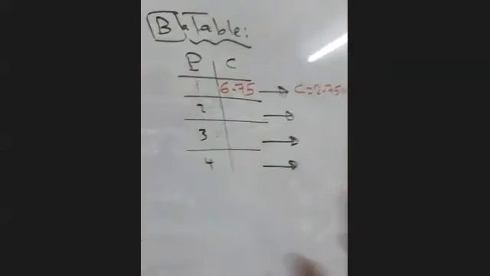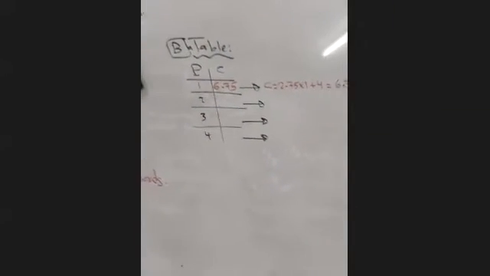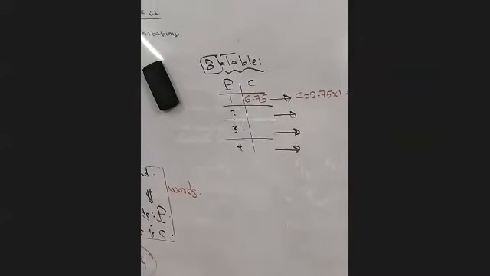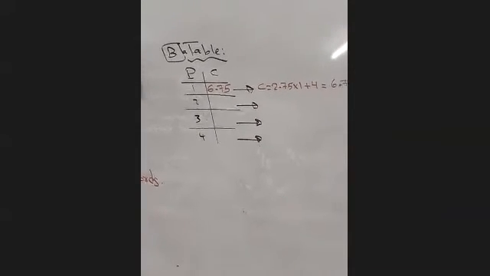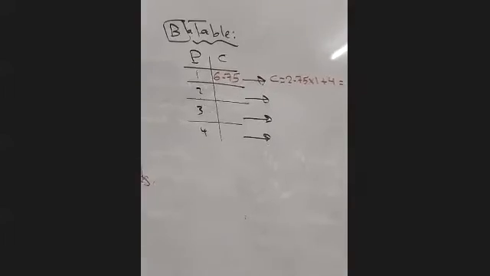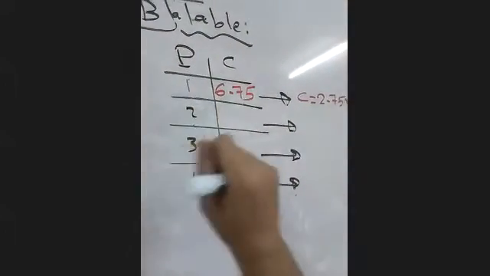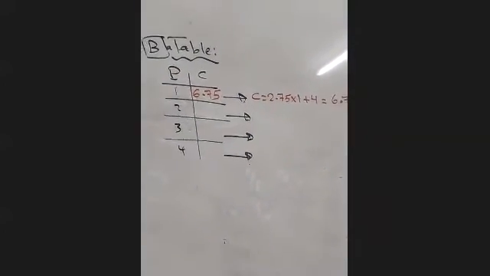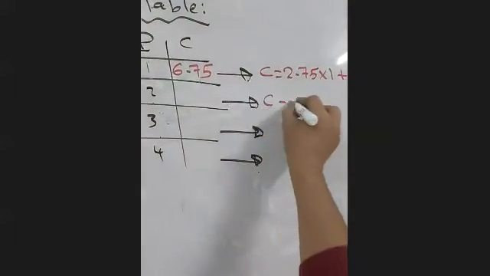Now 2, thank you, Muhammad. How will I find the value for 2, Marwan? If we buy 2 pounds, how much will we pay, the cost? We will make 2.75 multiply 2.